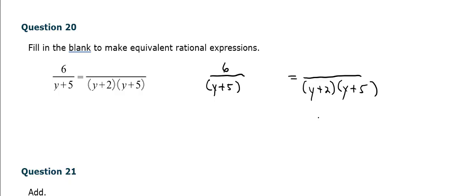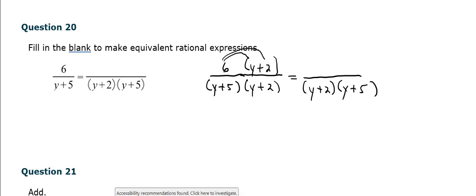Very obvious, we multiplied by y plus 2. Now again, we can't just arbitrarily put that there. Whatever we do to the denominator, we're going to do to the numerator as well. And so now in the numerator, I am going to distribute, because we're going to need to do that when we add and subtract.